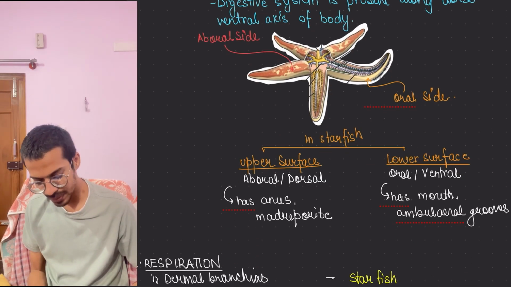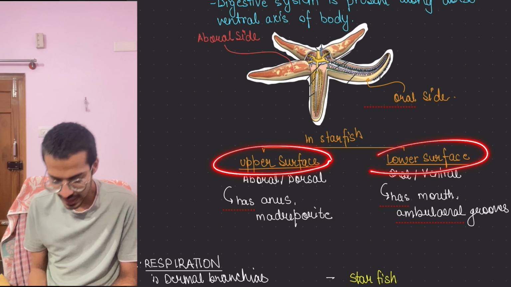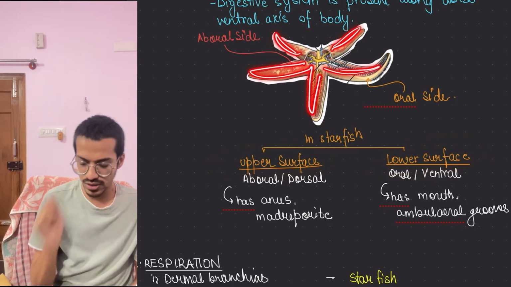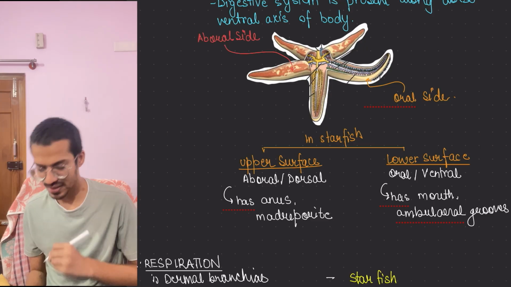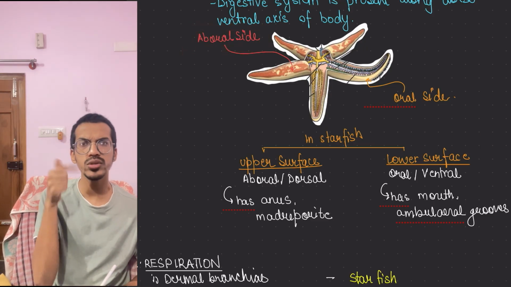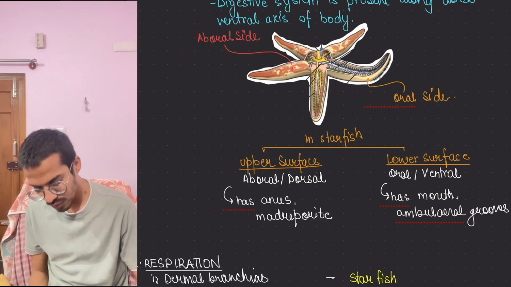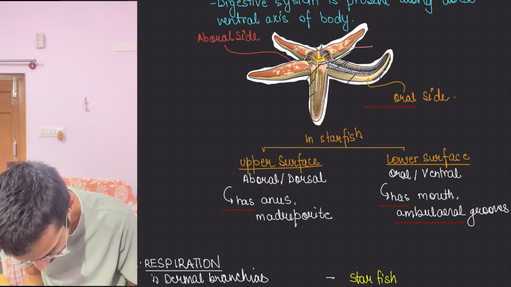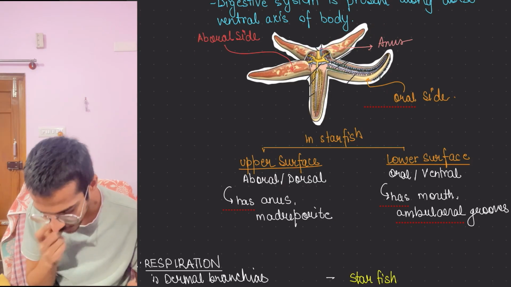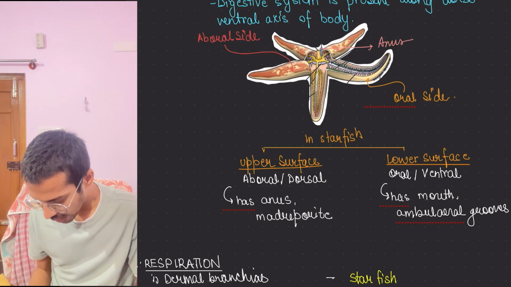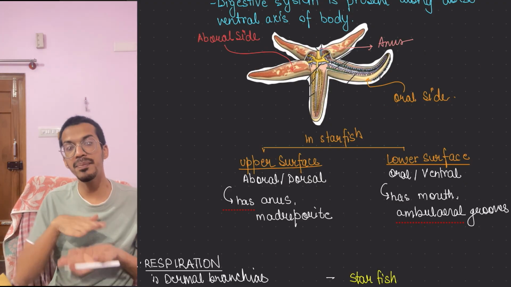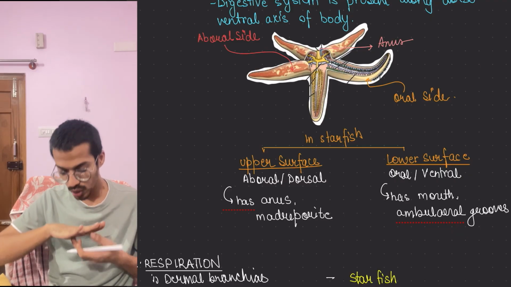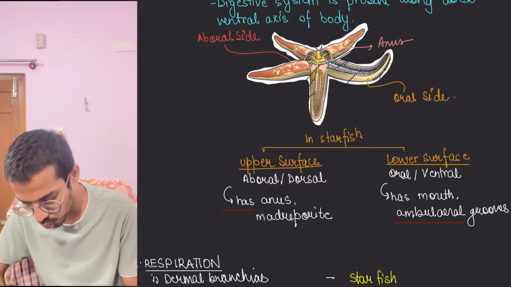Two sides are there, the upper surface and the lower surface. The upper surface is called the aboral surface. Aboral means opposite to the oral. Here the anus is present. This is the anus. Then the oral surface is present on the lower surface, where the mouth is present. So the lower surface is the oral surface.